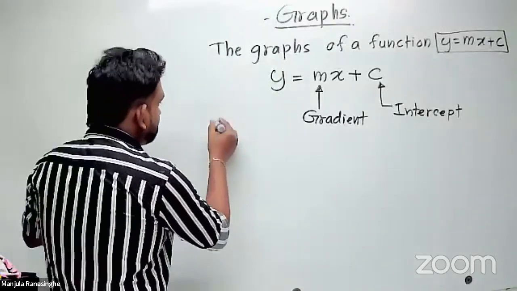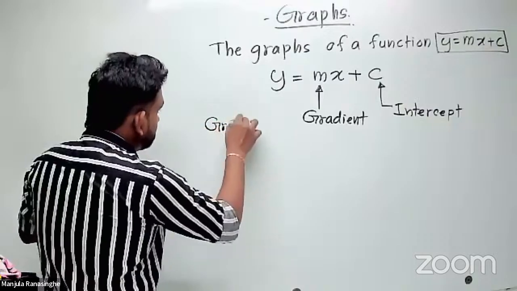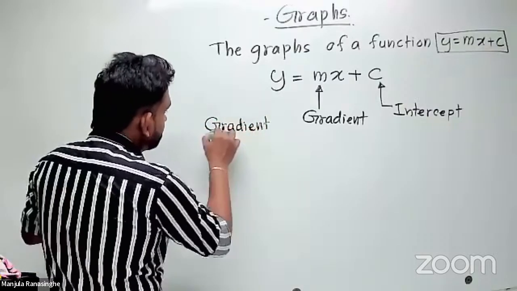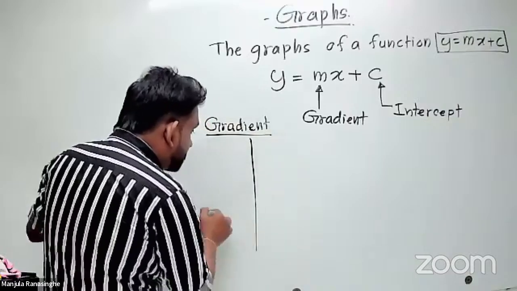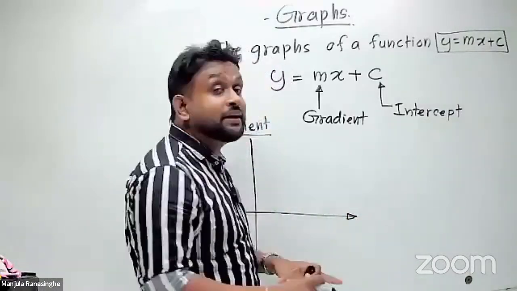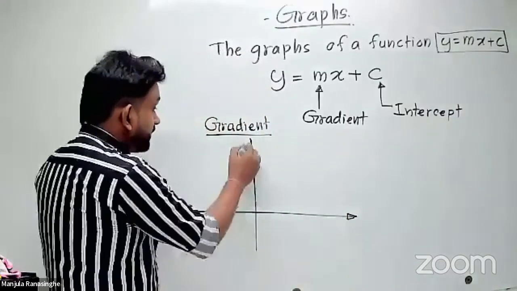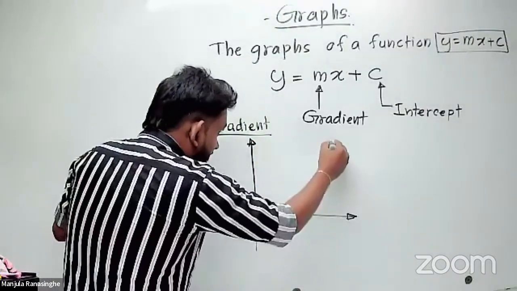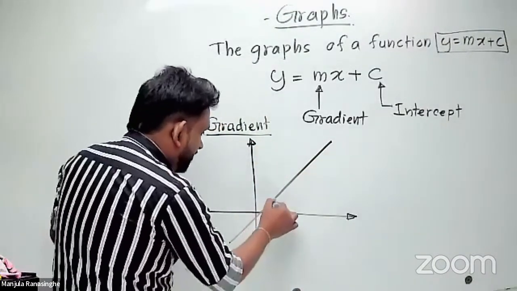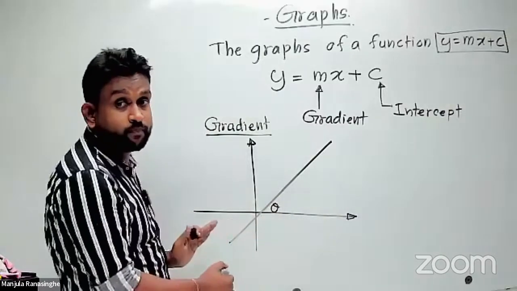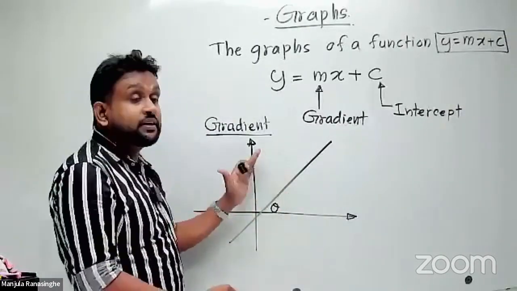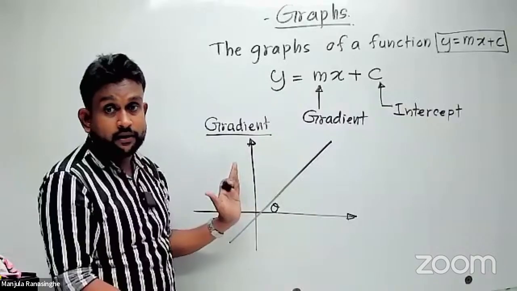Now I will explain what the gradient is. I write the subtopic gradient; don't write anything, just see. Gradient is like the inclination of the graph with the x positive direction. Imagine it that way, but that is not the actual definition. If inclination is more, the gradient is more.